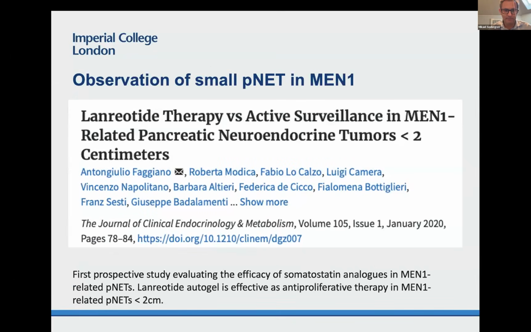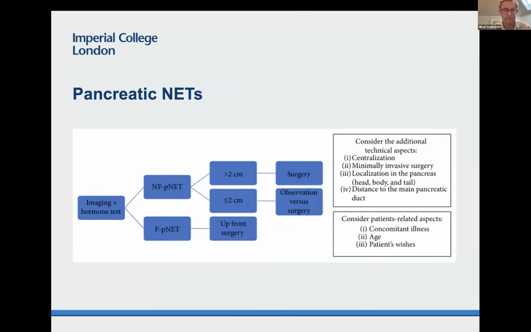This study is interesting because it was the first prospective study evaluating the efficacy of somatostatin analogs for the treatment of PNETs less than 2 centimeters. In this case, it was in MEN type 1, and with some good results in halting disease progression. So that can be considered in this small patient group as well.